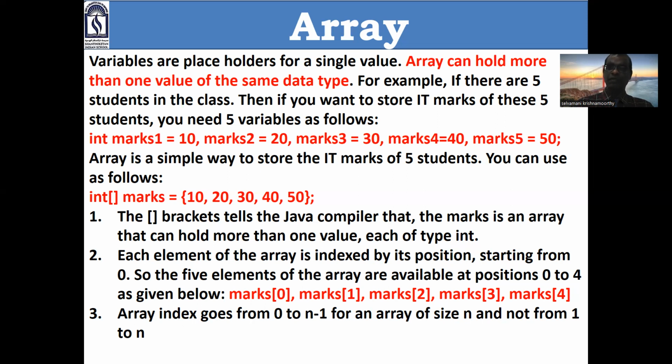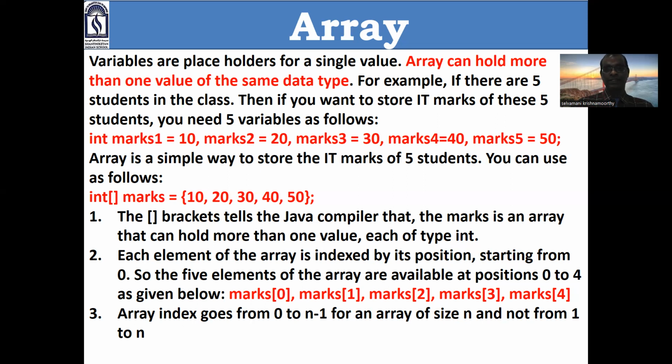There is one simple way to store all 5 students' IT marks. Which one? That is array. Array is a simple way to store the IT marks of these 5 students. How? See it here: int, then within square brackets, open square bracket, close square bracket. After that, marks equal to, within curly brackets, we need to mention all 5 different marks.